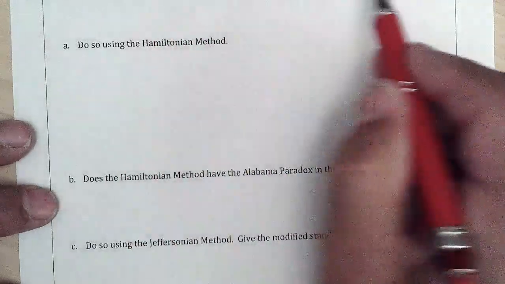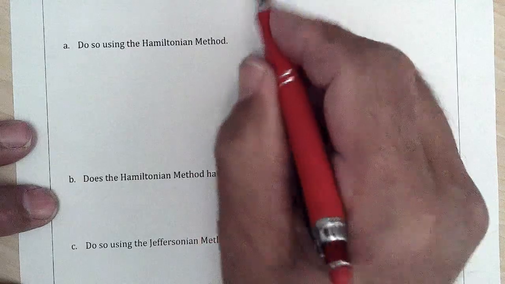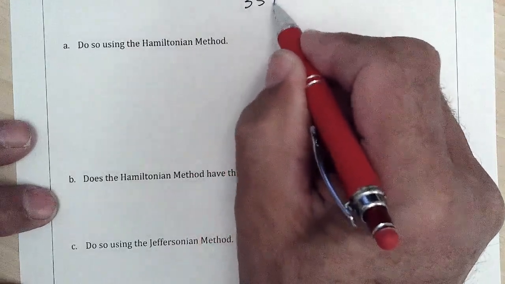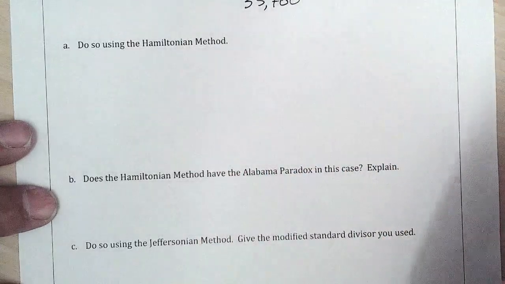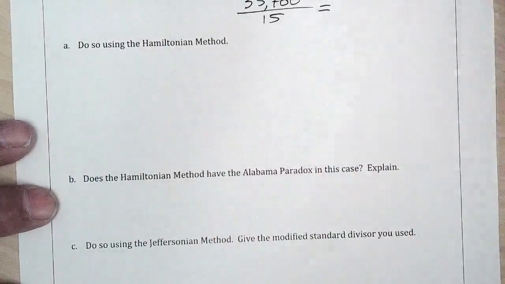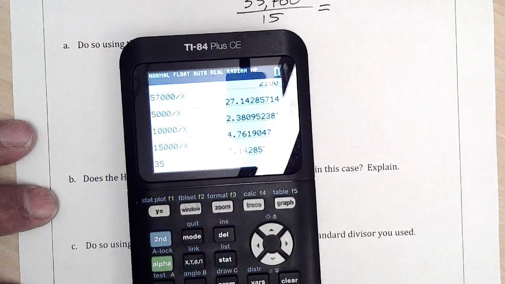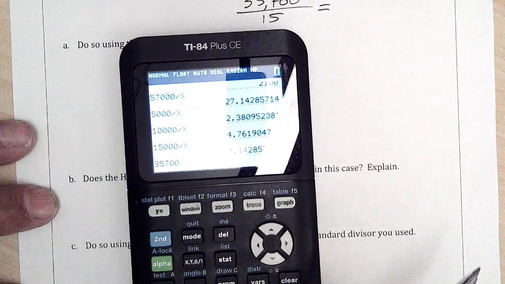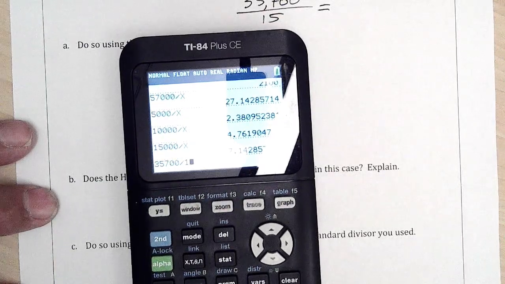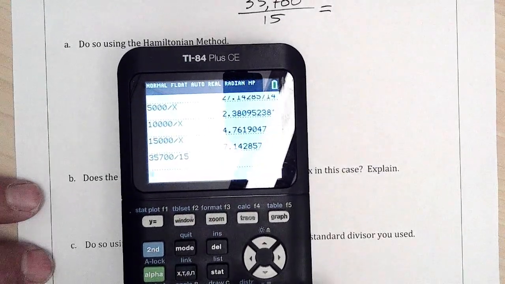So we're going to add up how many people there are. 5 and 15 is 20, 30, 35,700 people divided by 15 representatives is 35,700 divided by 15, and that's 2380.